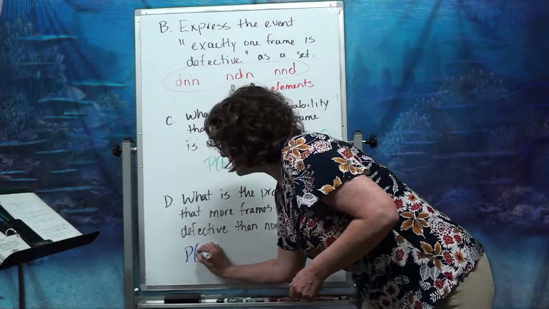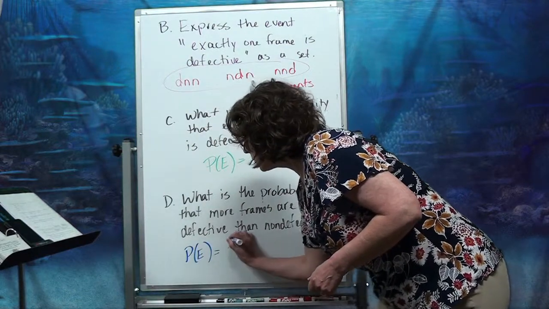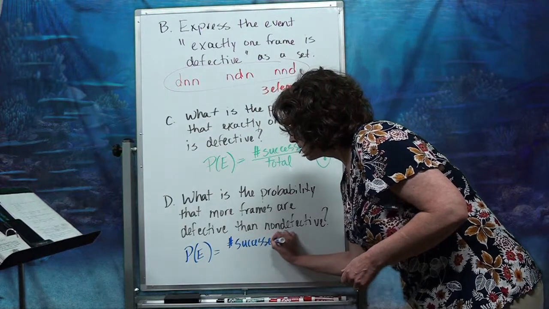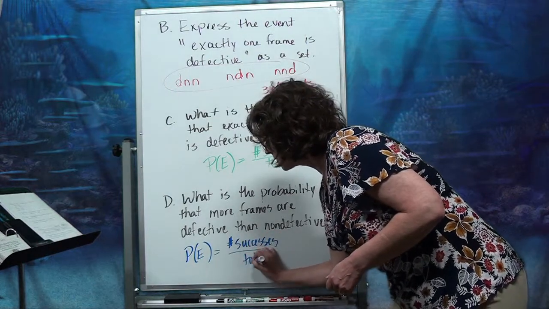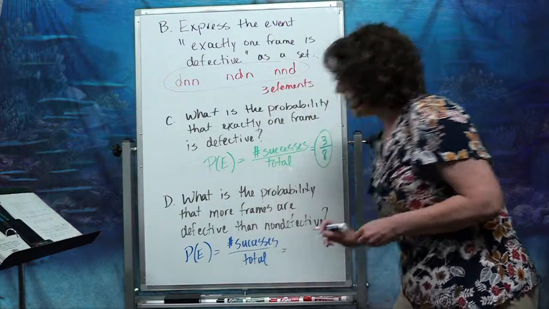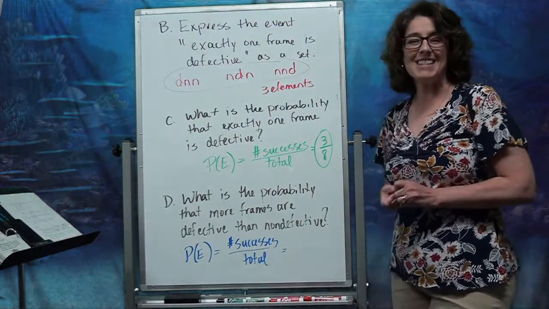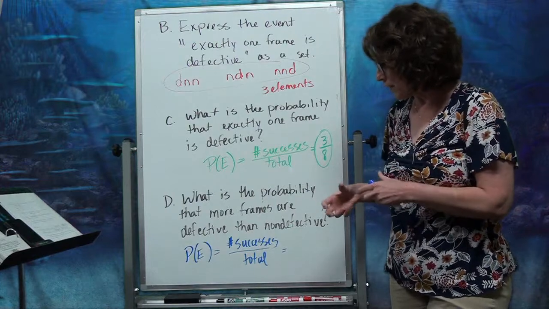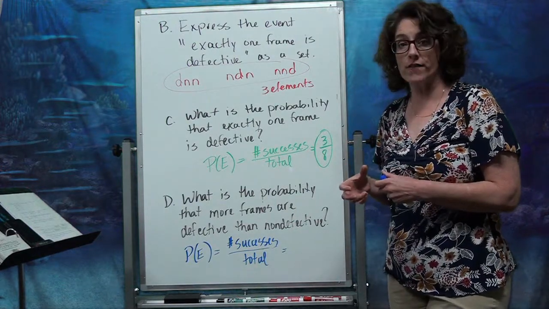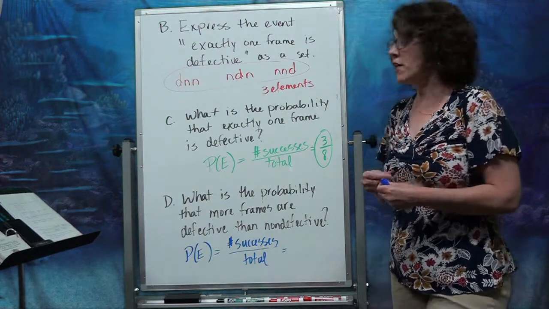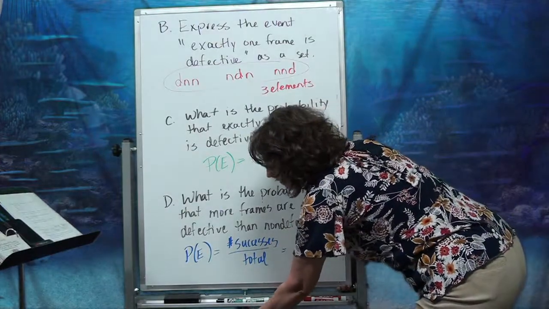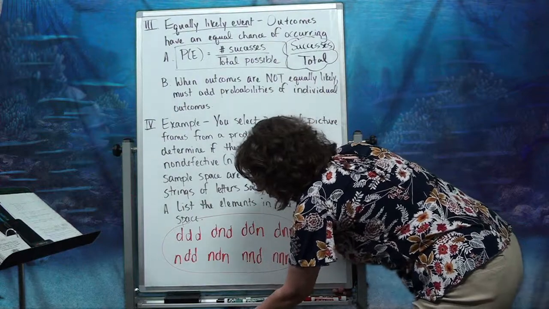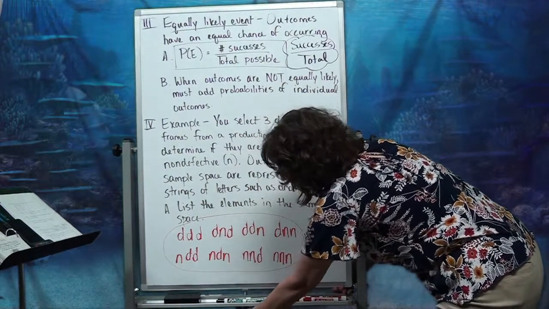So the probability of the event will be the number of successes over total. We have to define what a success is. A success in this case is having more frames that are defective than non-defective. More defective. So if I go back and look at that sample space that I had created back here, I want more defective than non-defective.